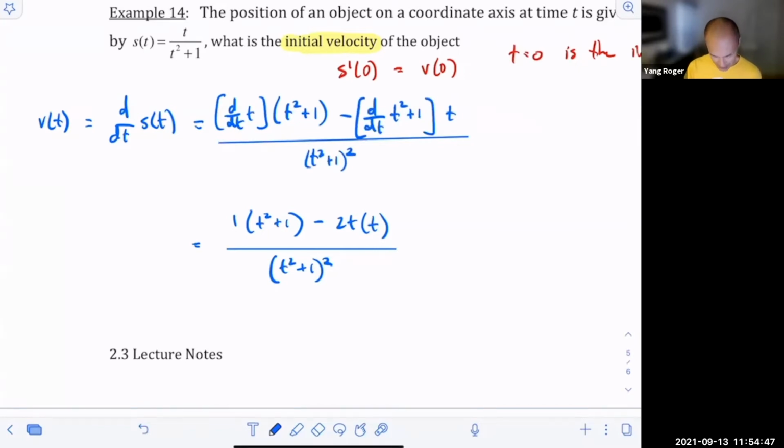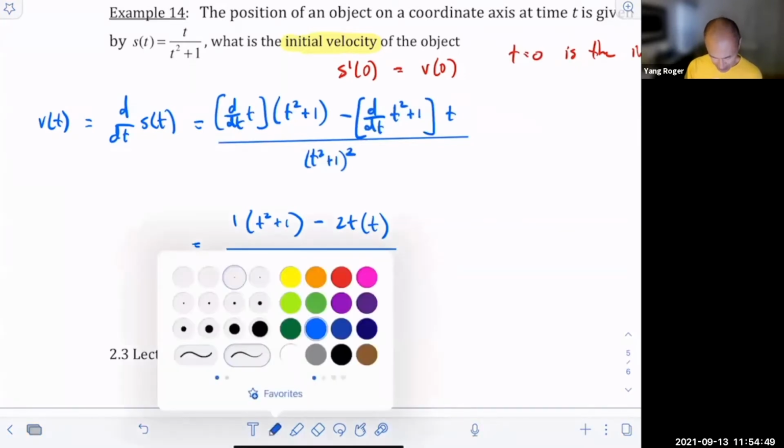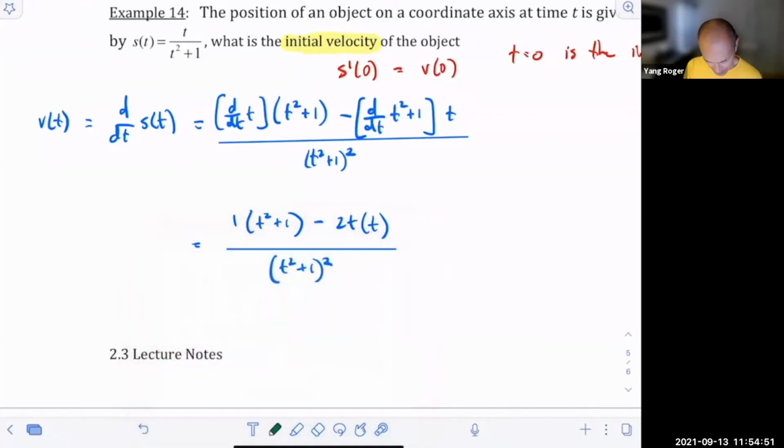So if I were to write this using my notation, this is the f prime, and this is the F. This is the G, this is G prime, and this is G squared.